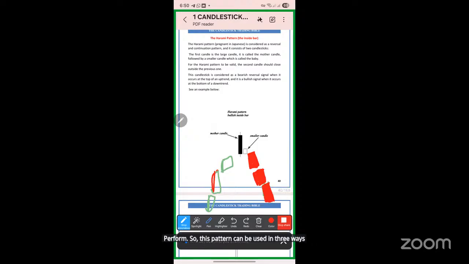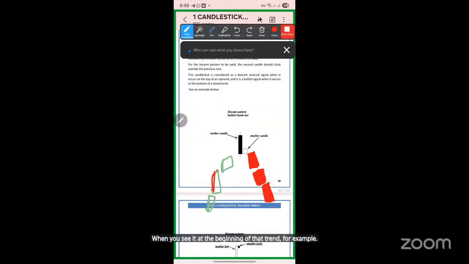Number one, when you see it at the beginning of a trend, for example, you see here a red candle, then a green candle comes in and is formed here like this.